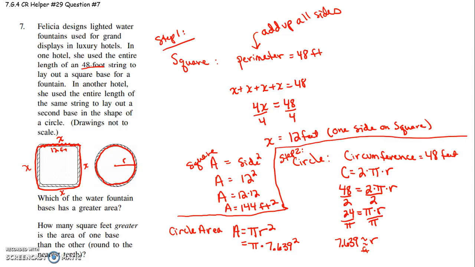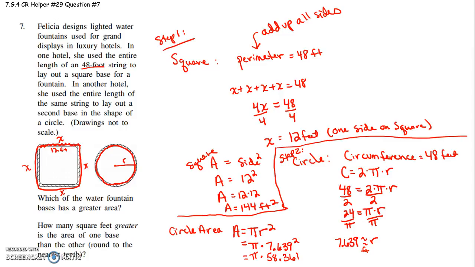I get about 58.361 when I square the 7.639 with lots more decimals after that. So I could do pi times 58.361.